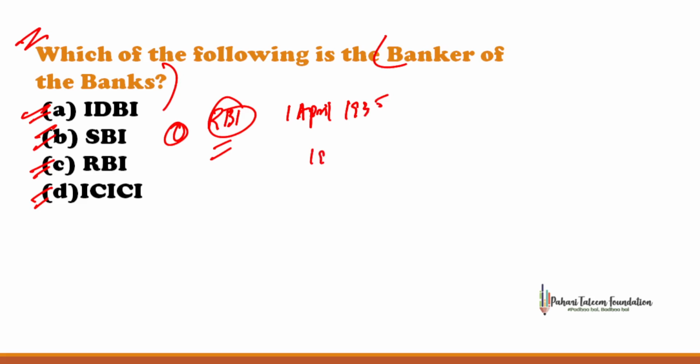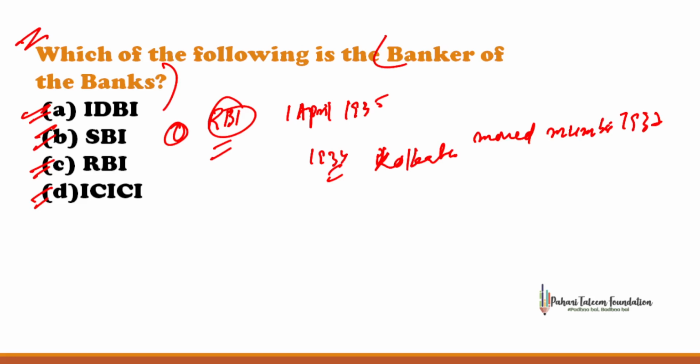The central office of the Reserve Bank was initially established in Kolkata, but was permanently moved to Mumbai in 1937.